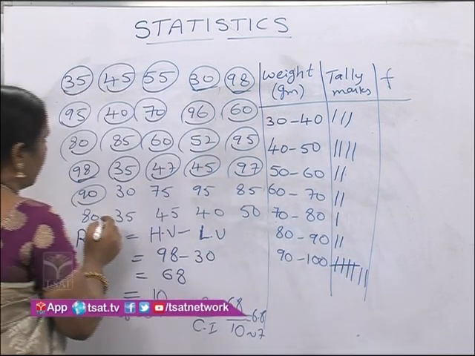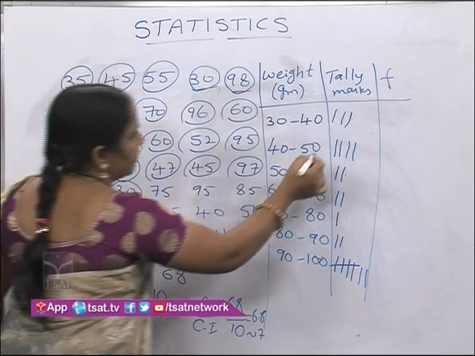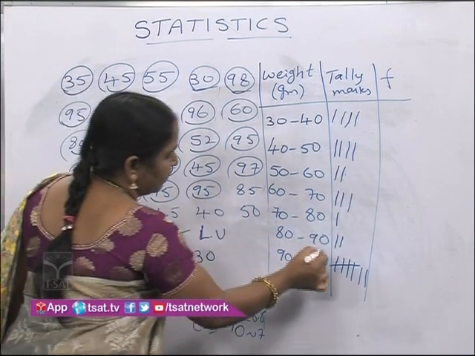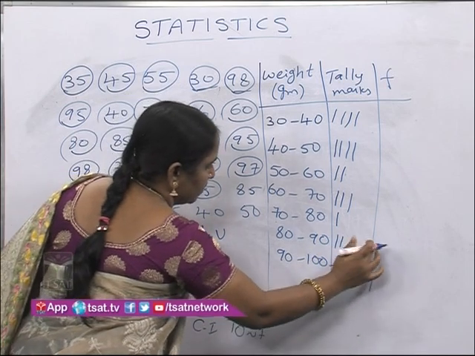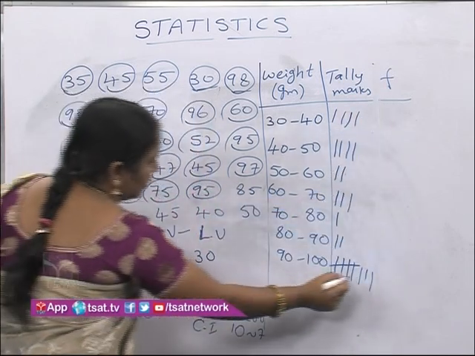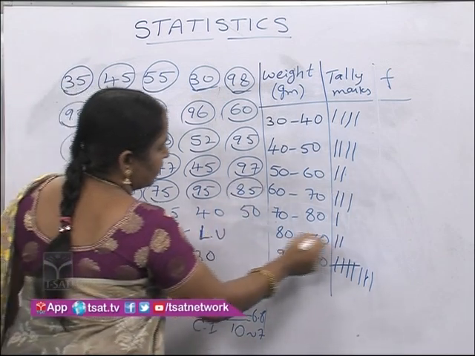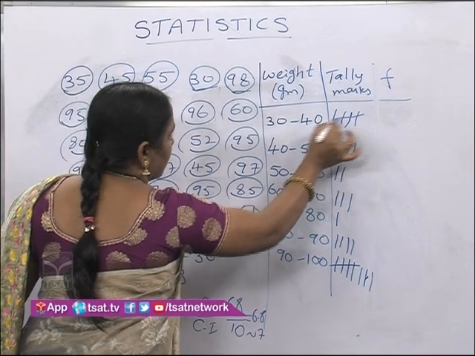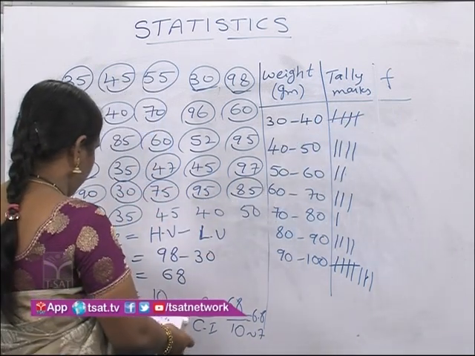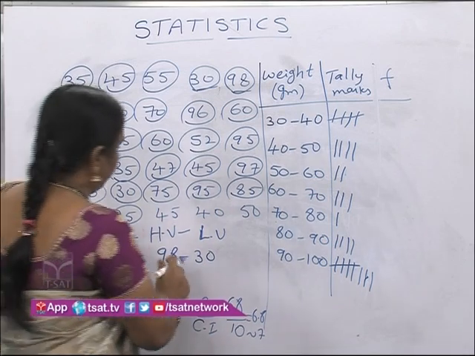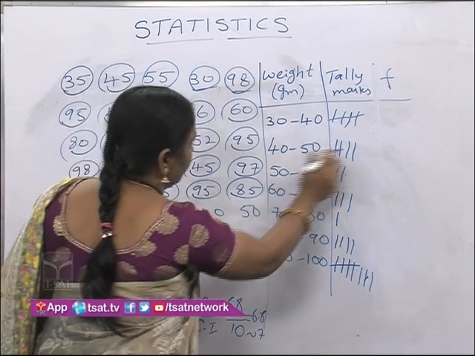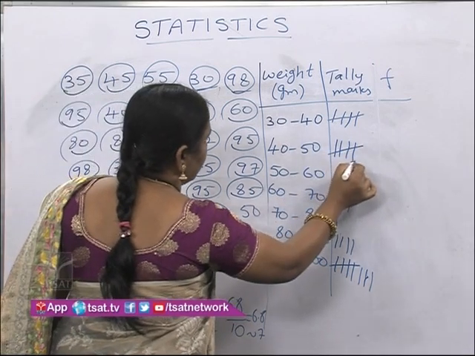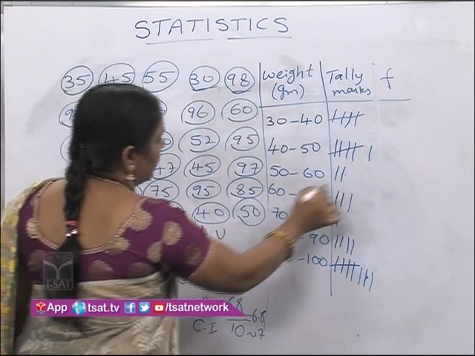Here in this next class. 30 first class, 75 here, 95 this class, okay, then 85, 80, 35 first class, and 45 here, and 40 comes here, and 50 finally comes here.